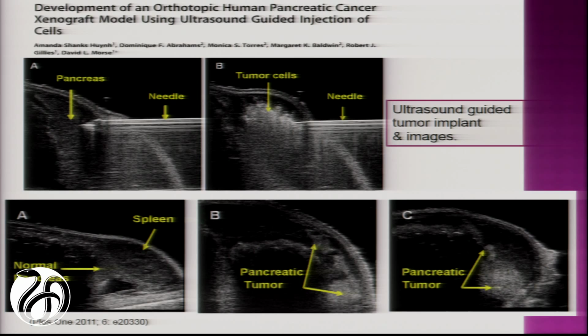Shown here is a recent paper where a human pancreatic cancer xenograft was implanted by ultrasound-guided injection into the pancreas of the mouse. And you can see the ultrasound images here. As it turned out, this was also a green fluorescence protein tag subline, so that other images in this paper also showed the green fluorescence imaging of the tumor.